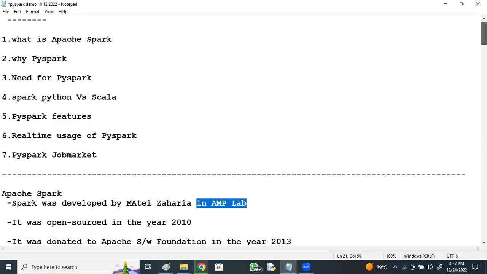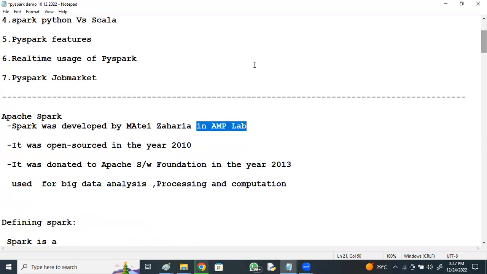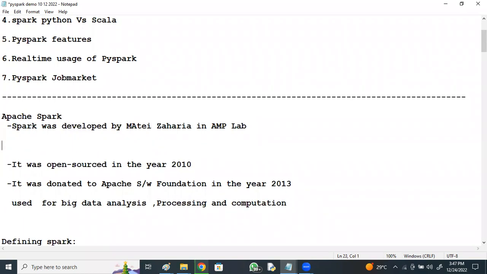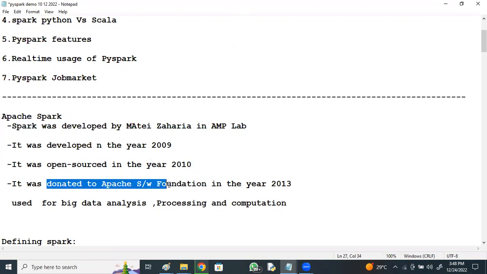Spark was developed in the year 2009. It was open sourced in the year 2010, and it was donated to Apache Software Foundation in the year 2013.